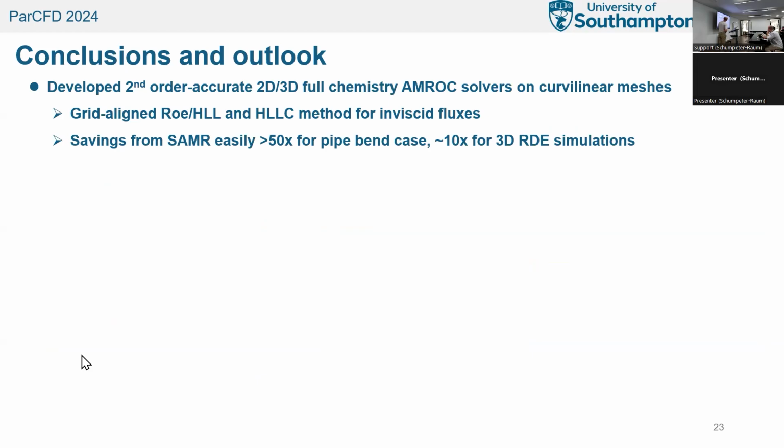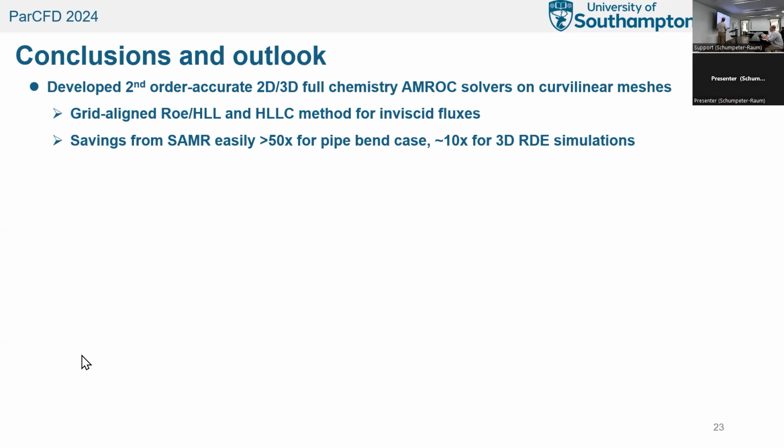Yeah, and that basically brings me to the conclusion and the outlook. What I've shown you is that we developed the second order accurate code. MROC already had been used very extensively for detonation problems, but now we have this new version on curvilinear meshes, which for the Navier-Stokes equation is a decent accomplishment.